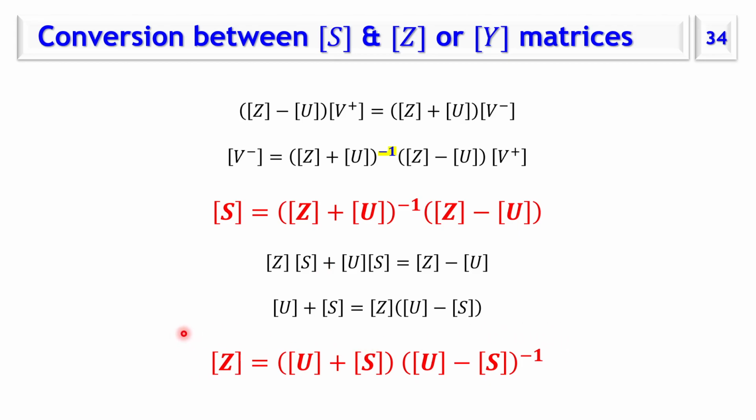So there is a direct mathematical way to convert from Z to S and from S to Z. If we can transform from S to Z, we can transform from S to Y and vice versa.